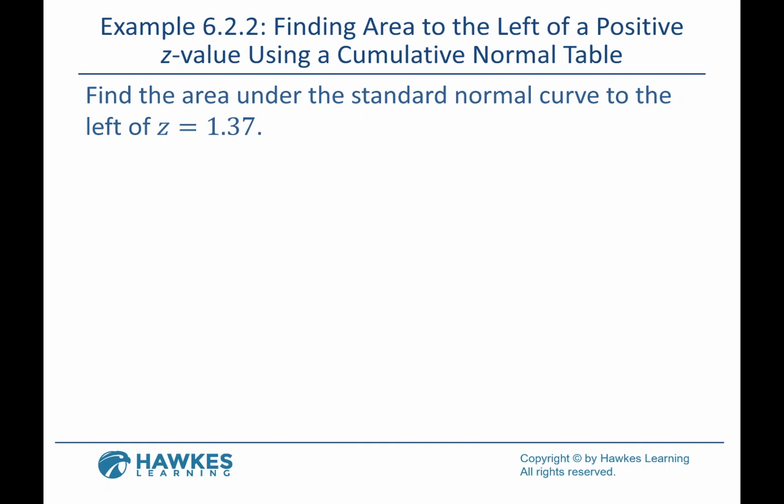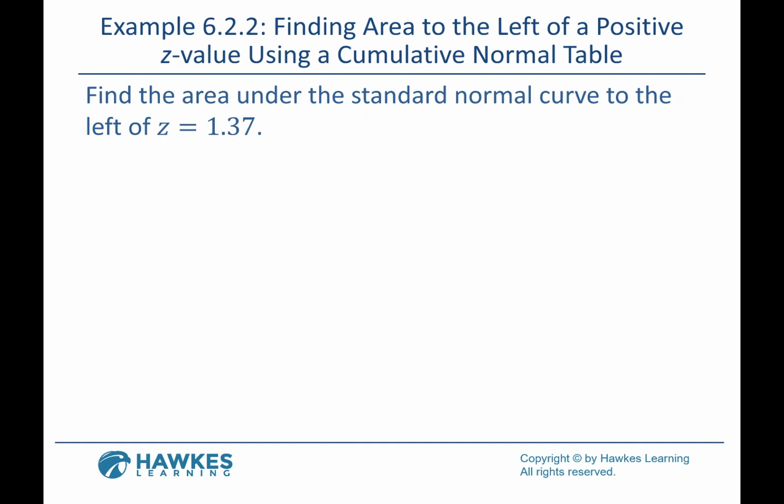So luckily, we've got a picture. It's on two different pictures, but they're the same idea on both sides of the table. It shows the curve, and then it shows it shaded to the left side of a z-value. So what our tables give us is the area to the left of whatever z-value we look up. In Hawks, it gives you two different buttons for the two different sides of the table.